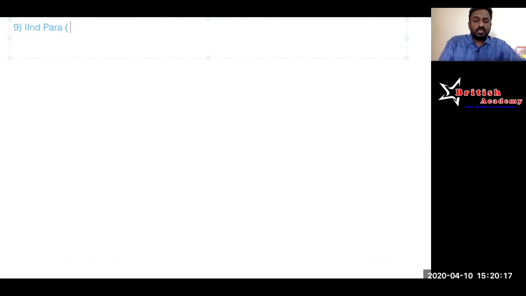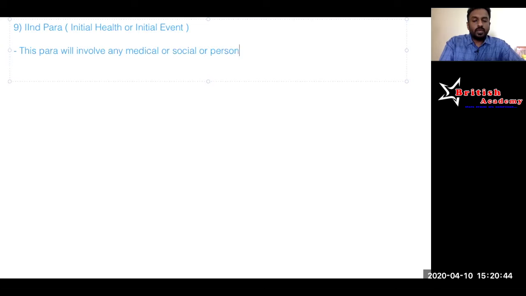The second paragraph is called initial health, or I can call it initial event. Now please understand, initial health or initial event means this para will involve any medical or social or personal history of the patient.